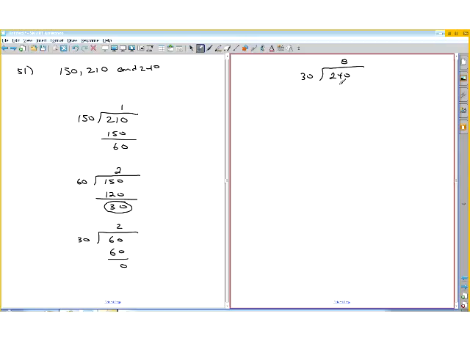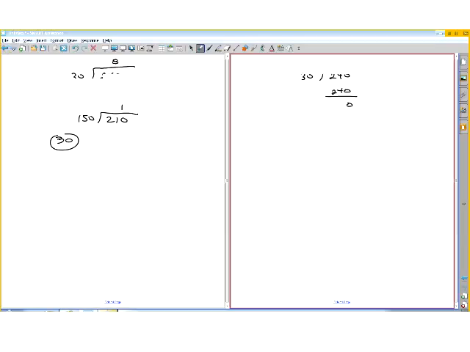So we get 240, and that goes to 0, so that works out exactly. And so 30 would be the answer. Because this divided into that; now if it hadn't, then we would have done something different.